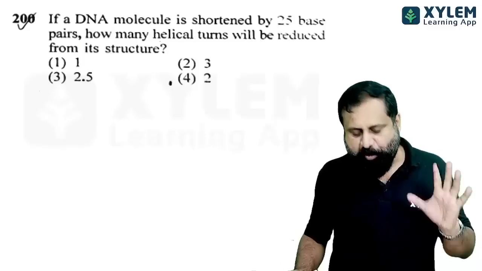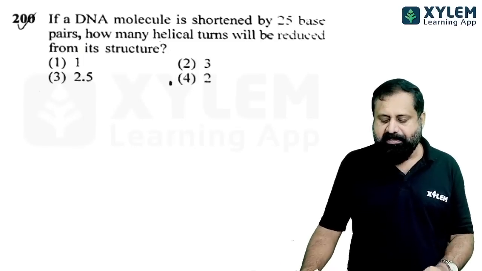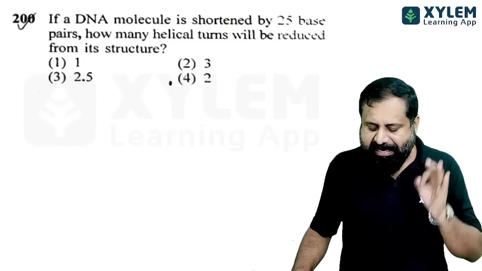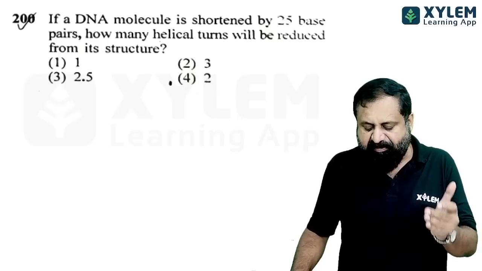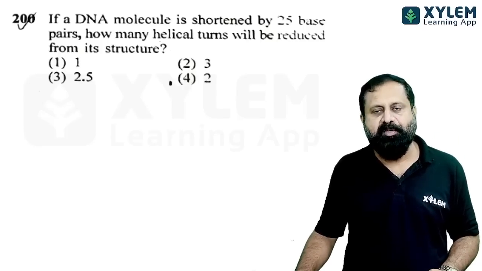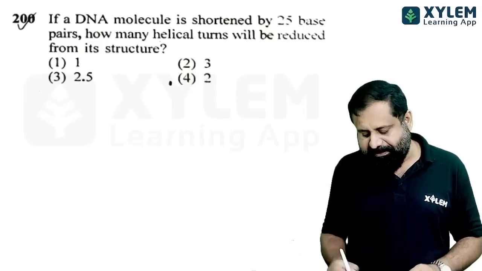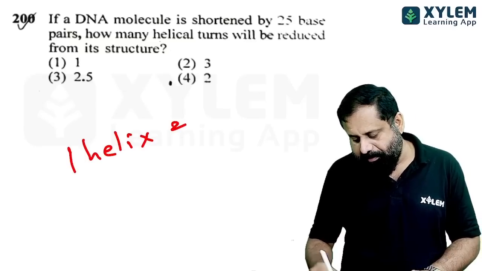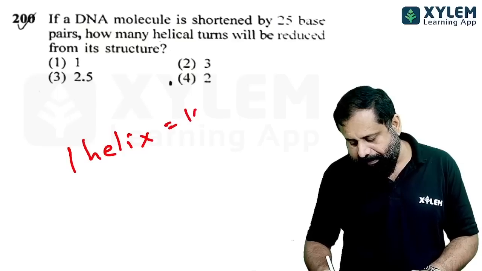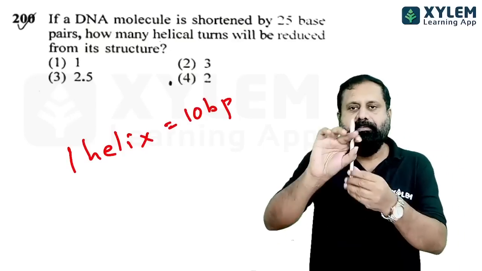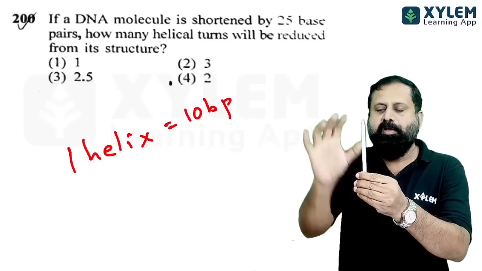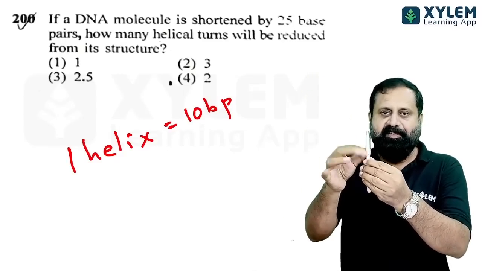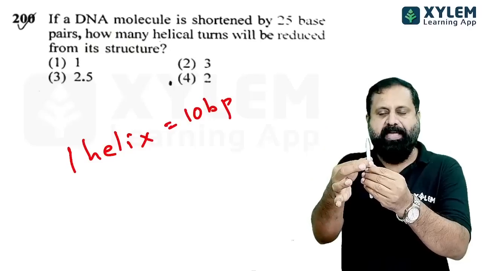Then 200, the last question. If a DNA molecule is shortened by 25 base pairs, how many helical turns will be reduced from its structure? You know, one helix is equal to 10 BP. Just imagine a DNA. You are going to reduce its 25 BP.